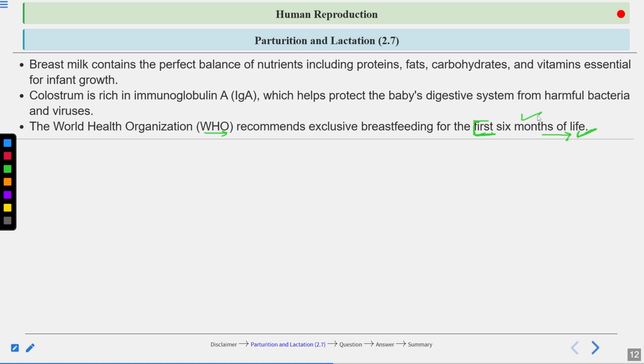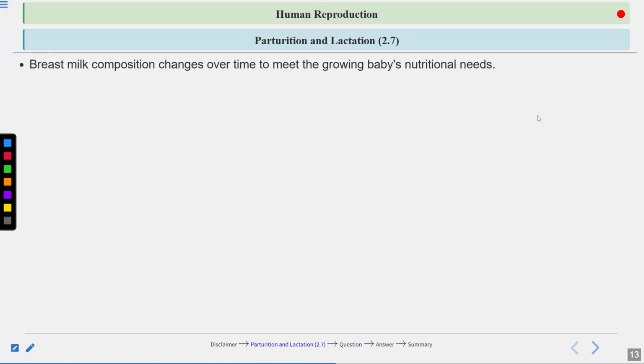Initially the milk is rich in vitamins and antibodies, and then the composition changes. Now the milk is higher in fats and calories. So after 5 to 6 days, the composition of the milk changes.